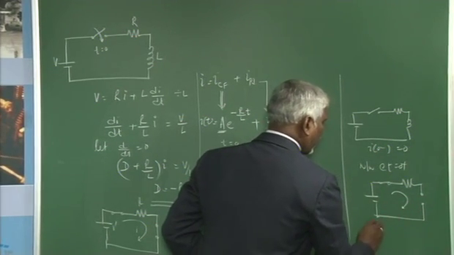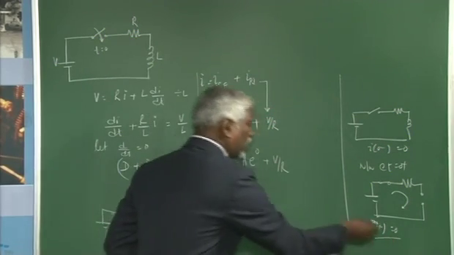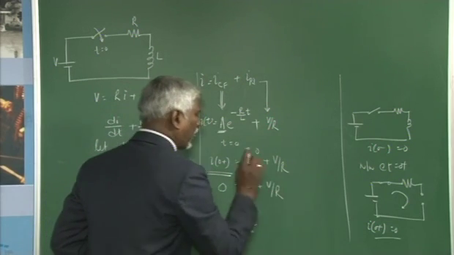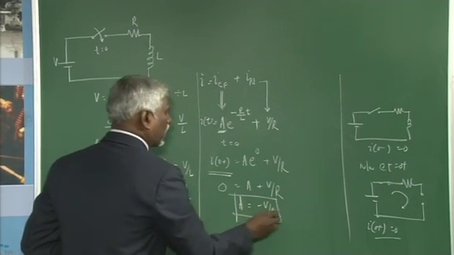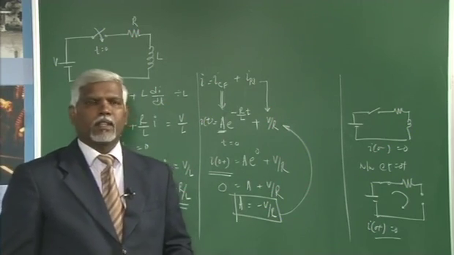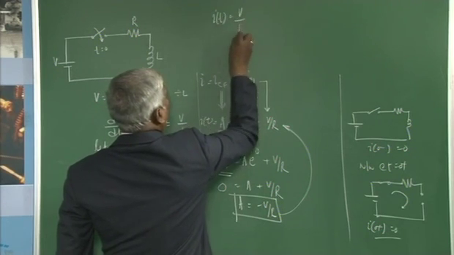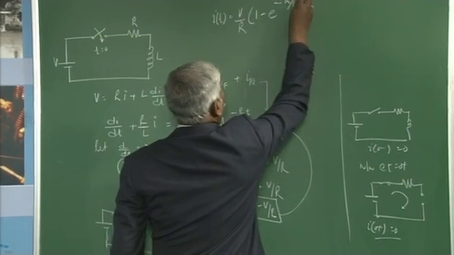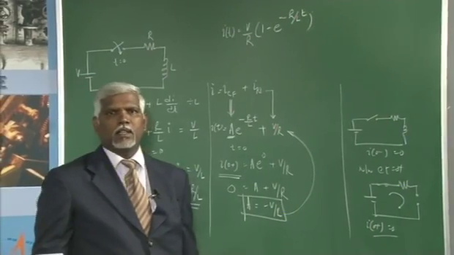So, the current I at 0 plus is also 0. Substitute that here: 0 equal to A plus V by R. So, A is equal to minus V by R. Substituting this in the expression, we get the current I of t equal to V by R into 1 minus e to the power of minus R by L into t. We saw this in the last class, and we stopped here.